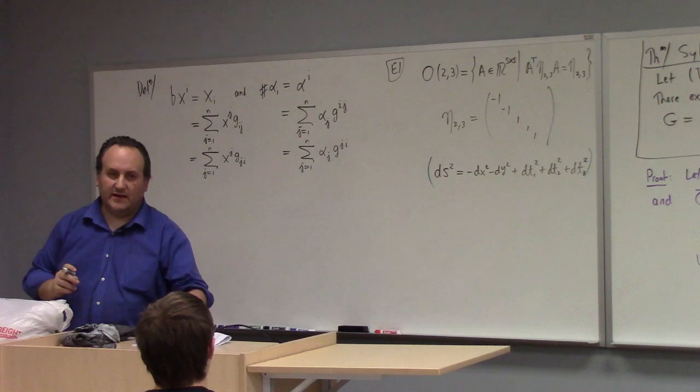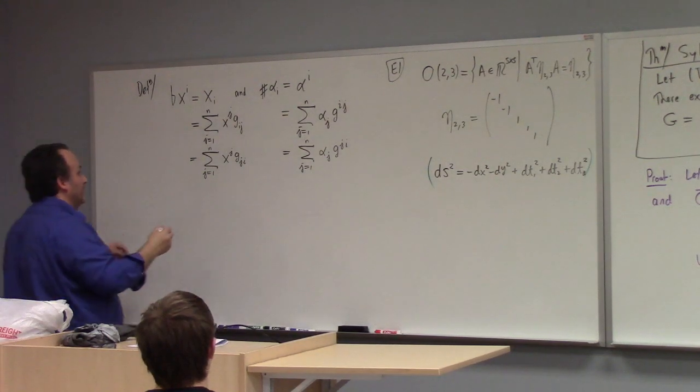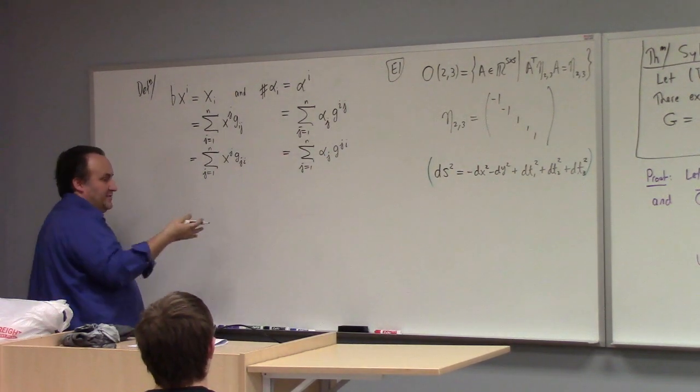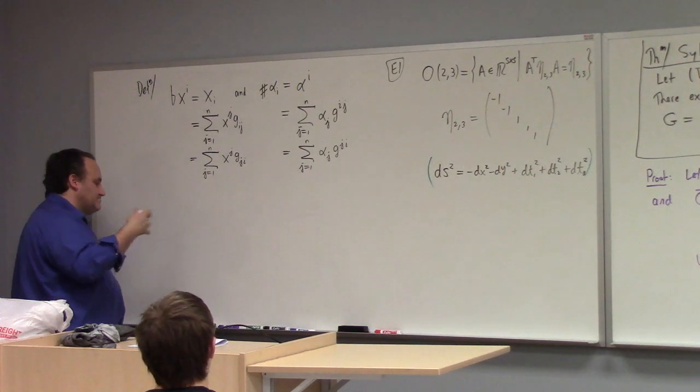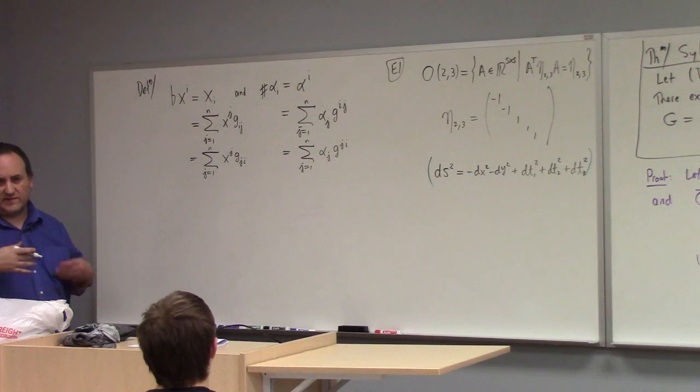Let me remind again, what are the g's? We're working in a metric geometry, so we have a g orthonormal basis, and this is all being done with respect to a g orthonormal basis.